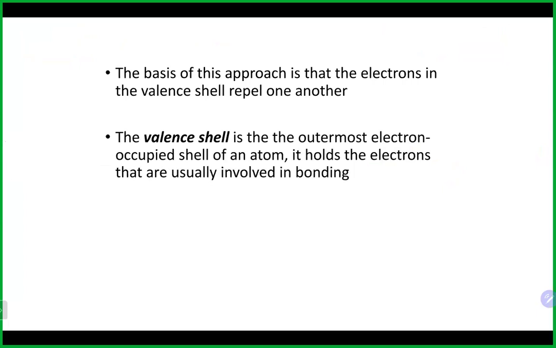Now, the basis of this approach is the idea that when we make bonds, we have electrons around, and electrons are negatively charged, which means electrons near electrons, for the most part, don't want to be near each other because they both have a negative charge. They're going to try their best to get away from one another.